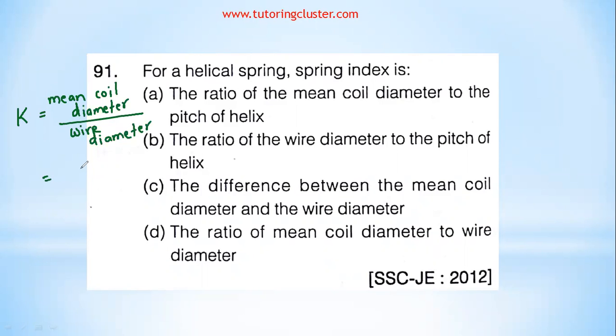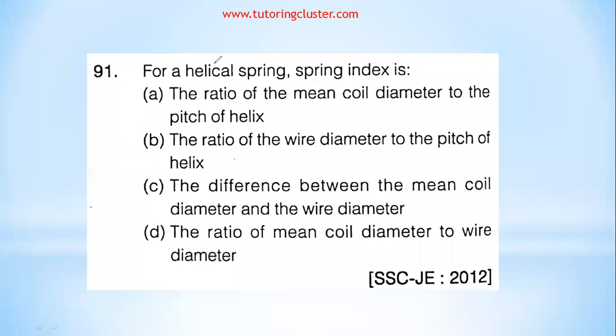So mean coil diameter may be denoted by capital D, wire diameter d. Let us see the options. The ratio of mean coil diameter to pitch, no. The ratio of wire diameter, no. The difference, no. The mean coil diameter to wire diameter, okay. Option number D.